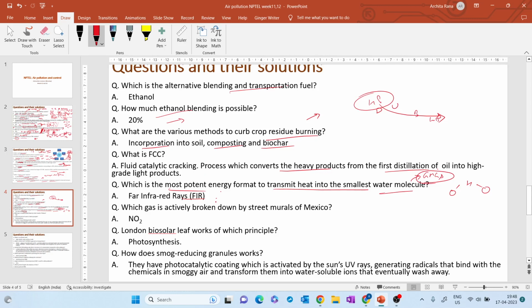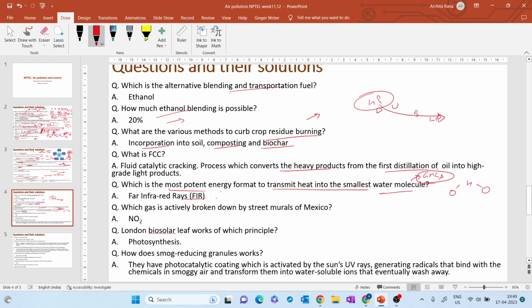Now there is discussion of different techniques used in different cities to reduce pollution. I think the important thing is the principle on which that technique functions, and what it reduces. These two things are very important.